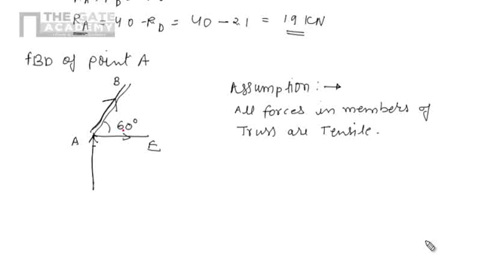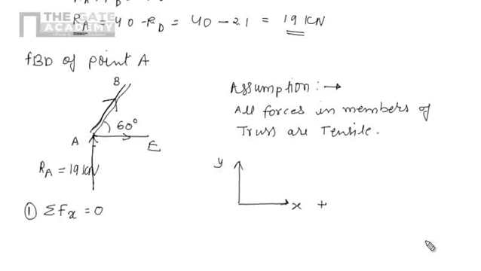Now we can apply the conditions of equilibrium for solving it. We know the value of RA, it is 19 kilonewton. So let's take condition number 1. It is the algebraic summation of all horizontal forces should be 0, or forces in x direction should be 0.